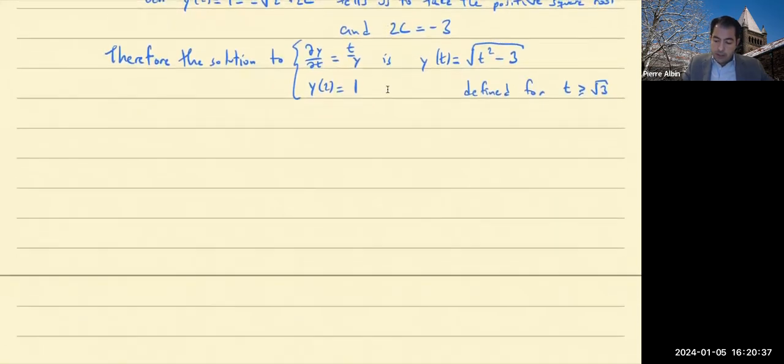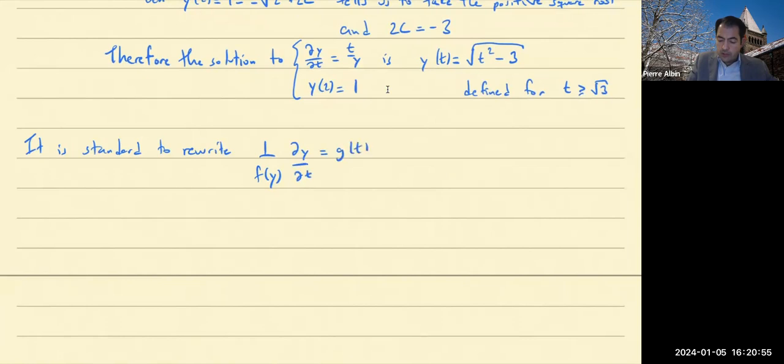Okay. Now, it is standard to rewrite this differential equation, right? This differential equation that we got when we divided both sides by f of y.